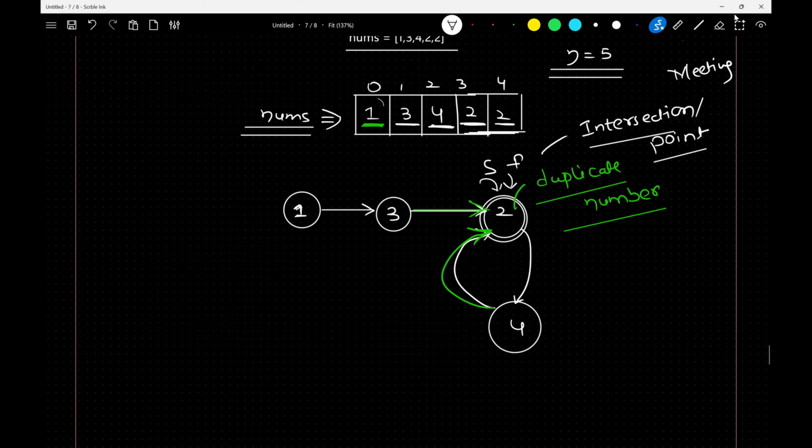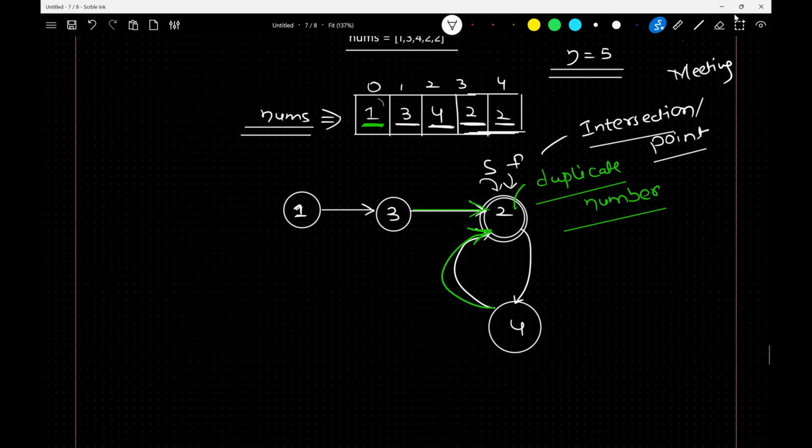Can you see how I designed this structure? I started exploring from the very first index, which is 0, value 1. Go to index number 1, what is the value? 3. Go to index number 3, what is the value? 2. Go to index number 2, what is the value? 4. Go to index number 4, what is the value? 2. Now, scanning this entire list, with respect to this 2, there are 2 pointers pointing to this node number 2.